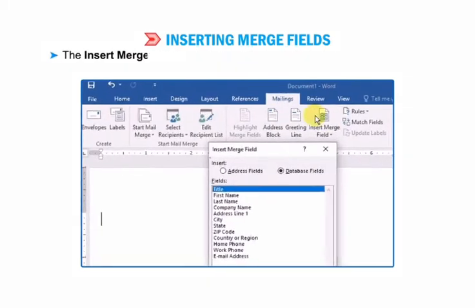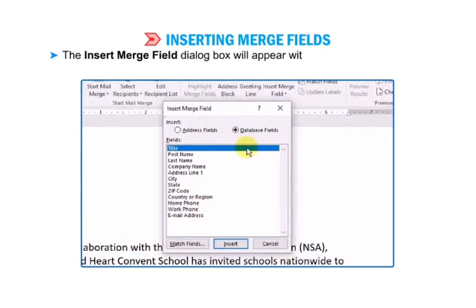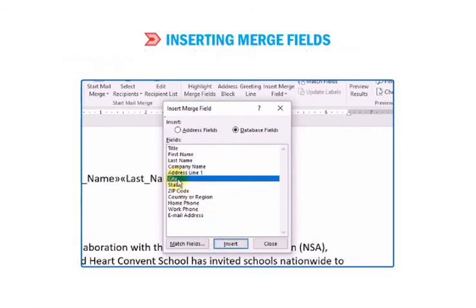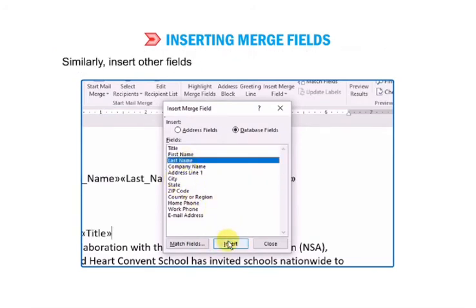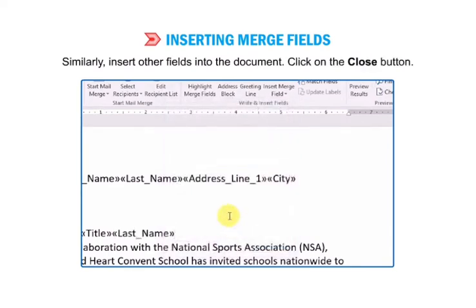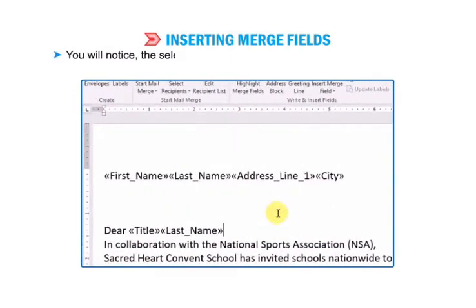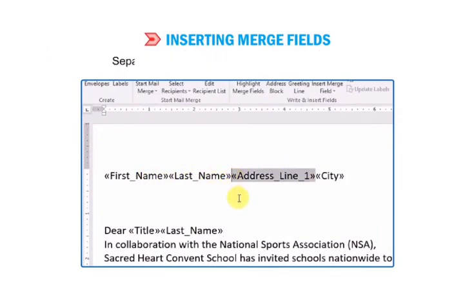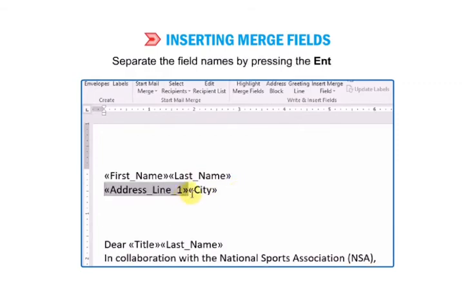The Insert Merge Field dialog box will appear with a list of field names you have created. Click on the field name that you intend to add and then click on the Insert button. Similarly, insert other fields into the document. Click on the Close button. You will notice the selected field names will appear in your document one after another, horizontally. Separate the field names by pressing the Enter key.